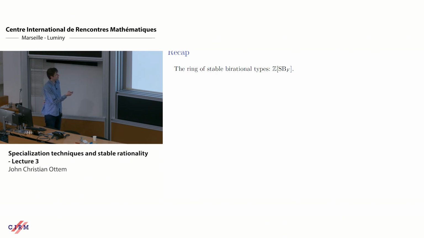So it's really just the free abelian group on the set of stable birational types. Elements of this ring are just formal integer coefficient linear combinations of stable birational types.